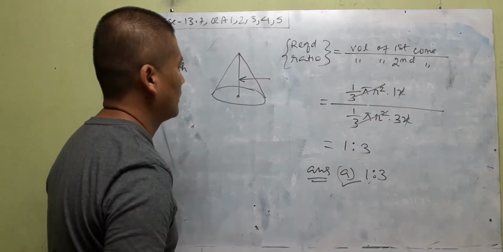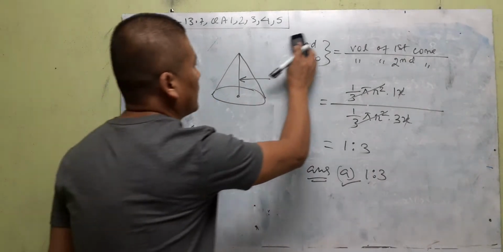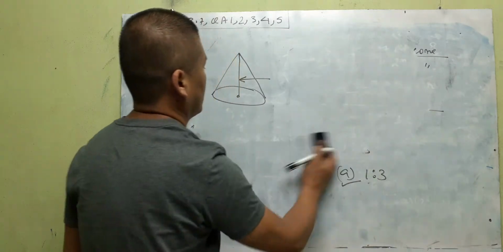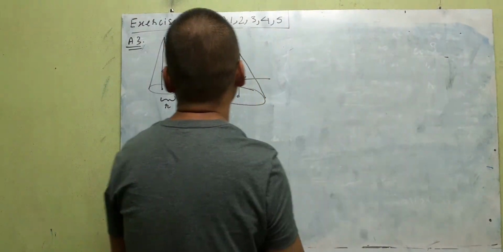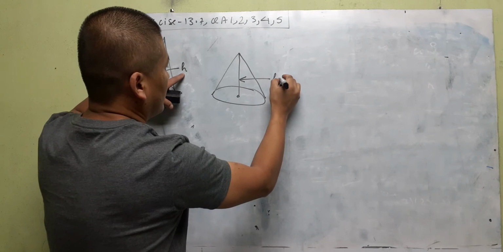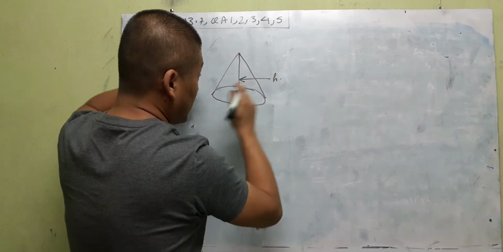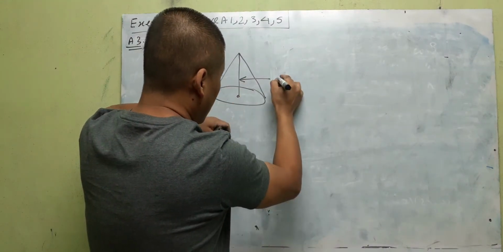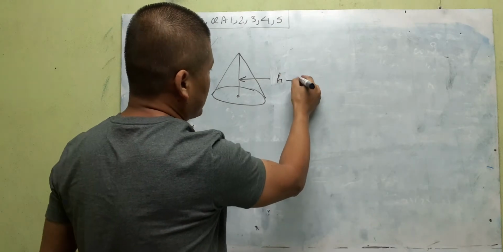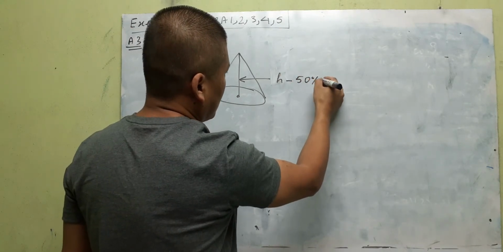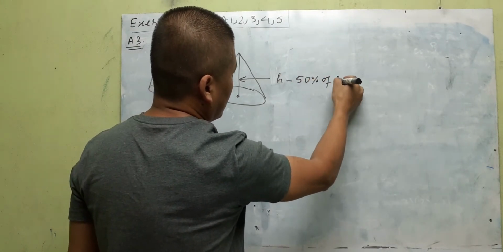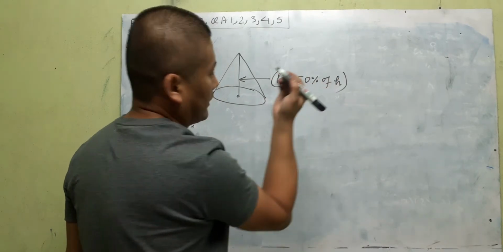Look here now. The height decreased means original height minus 50%, so 50% of the original height. This will be the height.